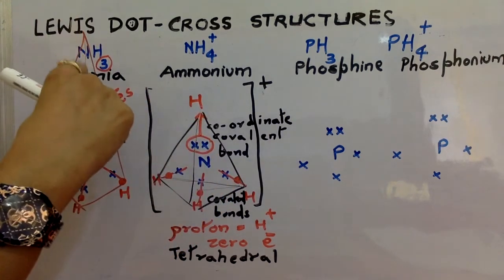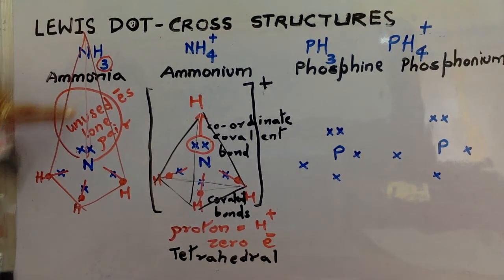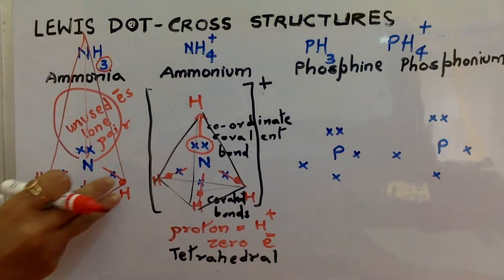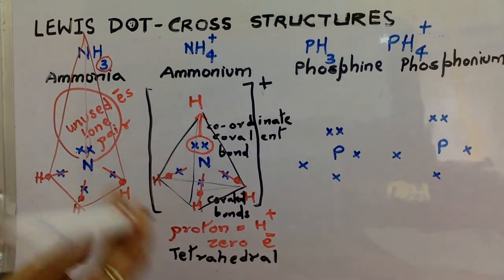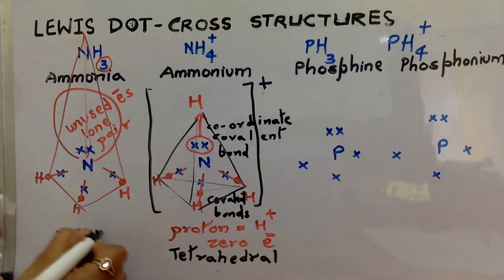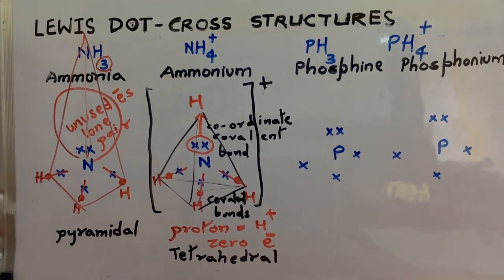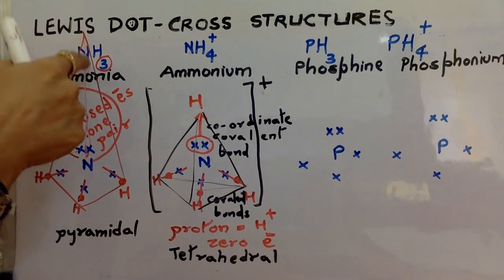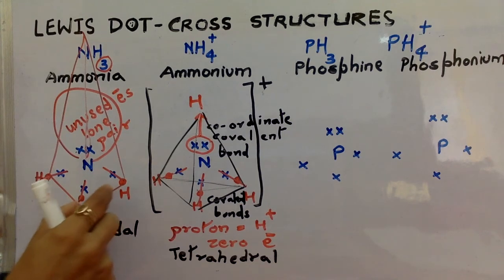This is unused, so a lot of energy. It's repelling. Lone pair and bond pair repulsion is very high. As a result, this structure appears like a pyramid. So although ammonium is tetrahedral, ammonia is pyramidal. What we should know is repulsion between lone pair and bond pair is more than bond pair and bond pair.